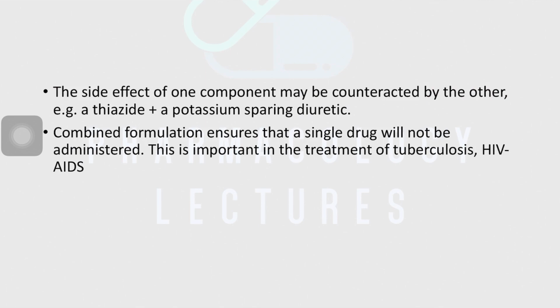Sometimes the side effects of one drug get countered by the other drug, and the example is thiazide diuretic and potassium sparing diuretic. These are diuretic medications used in patients with hypertension and congestive heart failure. What happens with thiazide diuretic? Thiazide kind of diuretics, if we introduce them in a patient alone, there are chances of potassium loss from the urine or from the body.